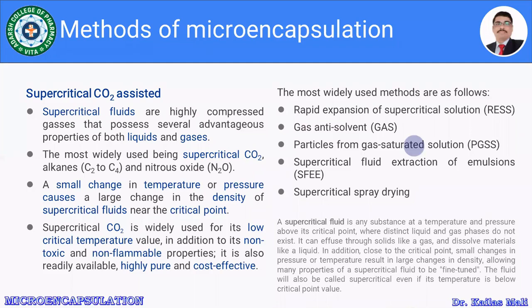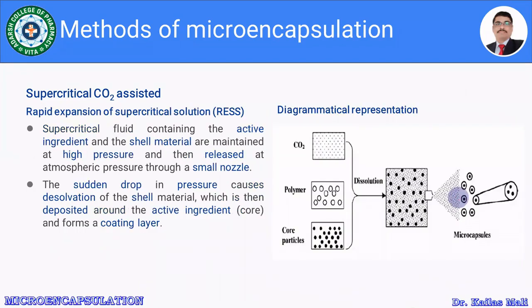So the very first one is the rapid expansion of supercritical solution. Look at the figure. It is very easy to understand. This is the chamber, and here the carbon dioxide, then the polymer and core particles.